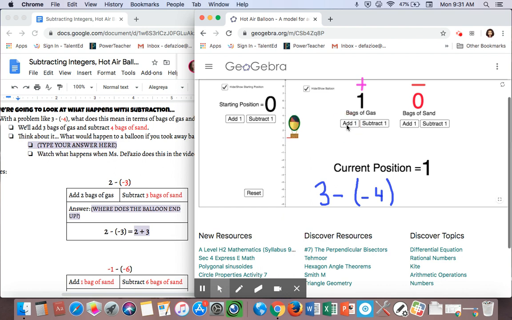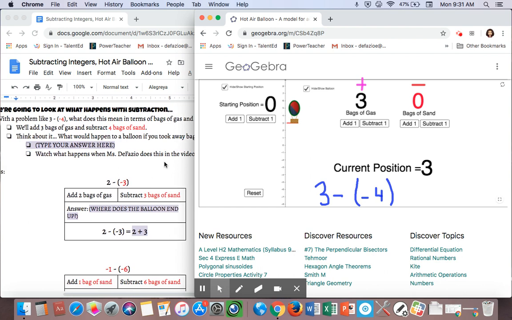We're adding 1, 2, 3 bags of gas because 3 is positive. Bags of gas are positive. And this is where it's a little different than before. We're subtracting -4. What does that mean? Subtracting -4. Well, this -4 is representing bags of sand.